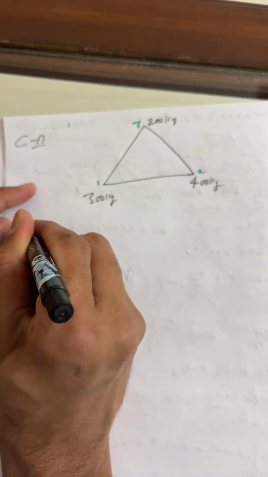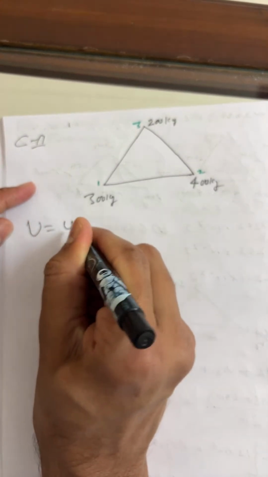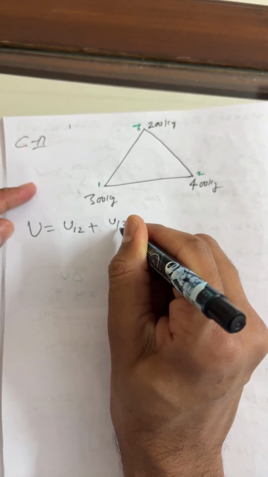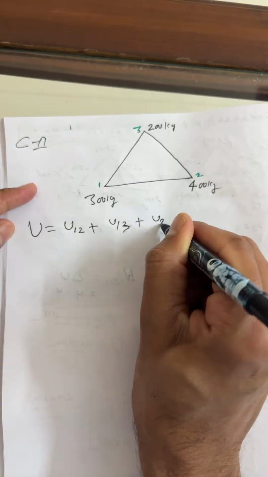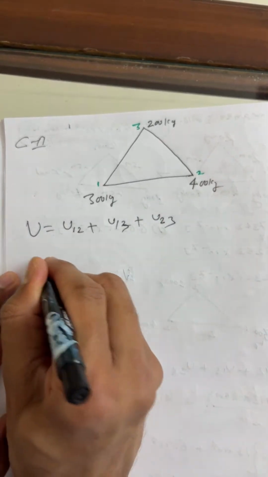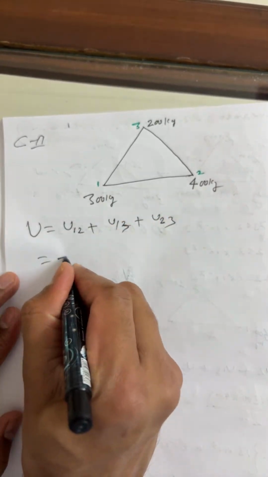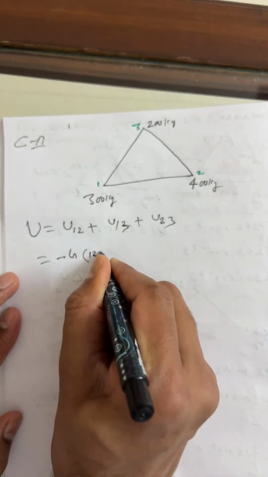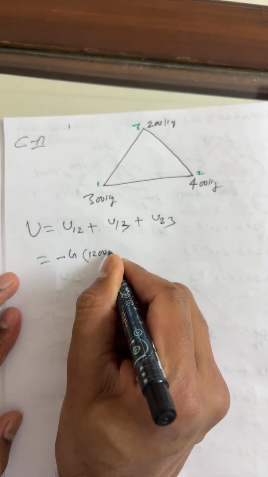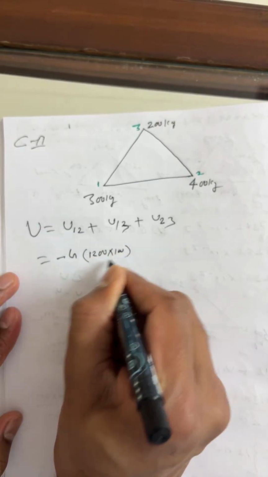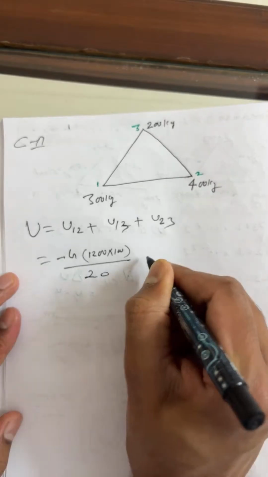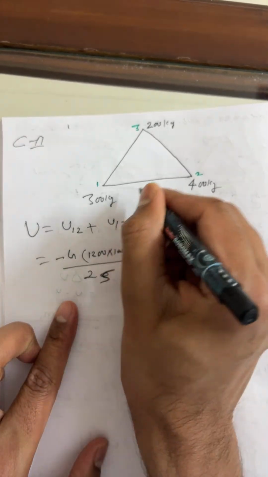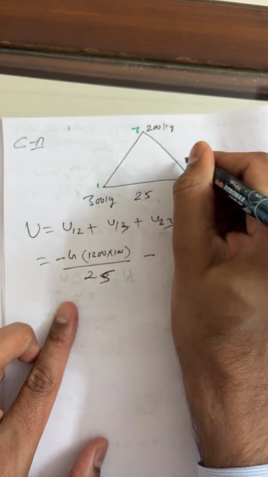which I applied previously. So U is what, beta? U1 due to 2 plus U1 due to 3 plus U2 due to 3. So beta, same thing you can apply: minus G m1 m2 upon r. This is 100, upon 20, minus... this is 25 here, my bad, this is mentioned here, 25.